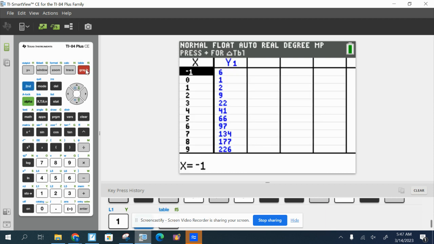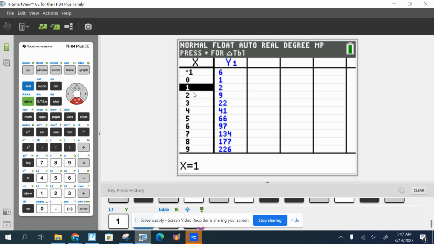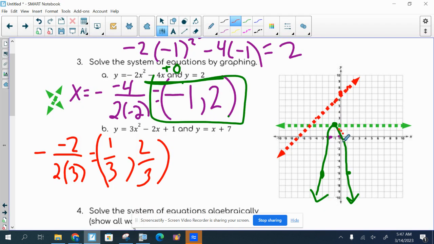Second table. Okay, so the other points we can plot will be, and I'm going to go positive and negative. So this will be 1, 2, and 2, 9 on the left. So 1, 2, and hopefully one of these points will intersect at the other line, and it does.